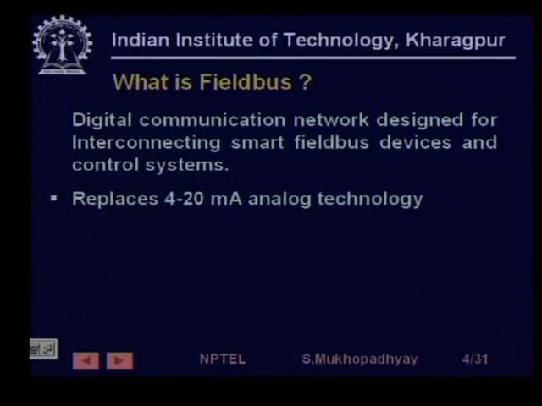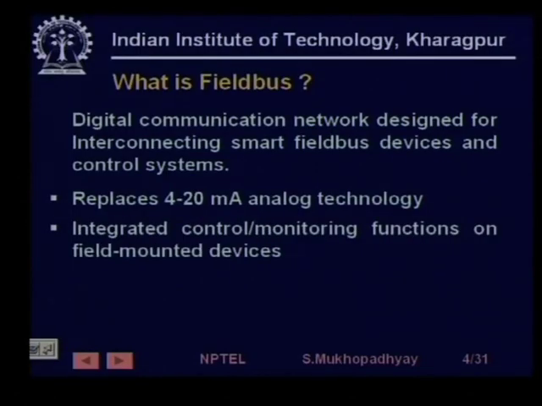Current transmission, as we have seen, has certain benefits in terms of noise immunity, but it is still a comparatively much more primitive technology which has several limitations. So, the Fieldbus replaces this 4 to 20 milliampere analog technology, and it also provides integrated control and monitoring functions on field mounted devices.